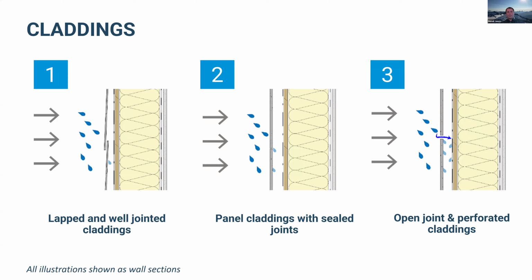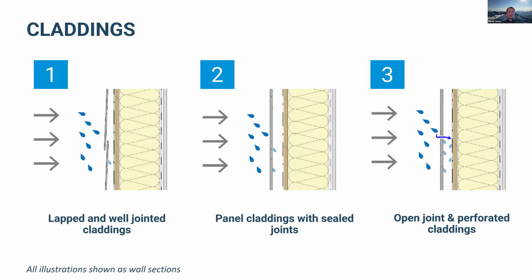So the degree of openness of the cladding will affect essentially all the other stuff behind it. So how much water are you really expecting in that cavity? That might impact things like which fasteners you use, especially if you're in a marine environment. How much corrosion resistance should those fasteners have?